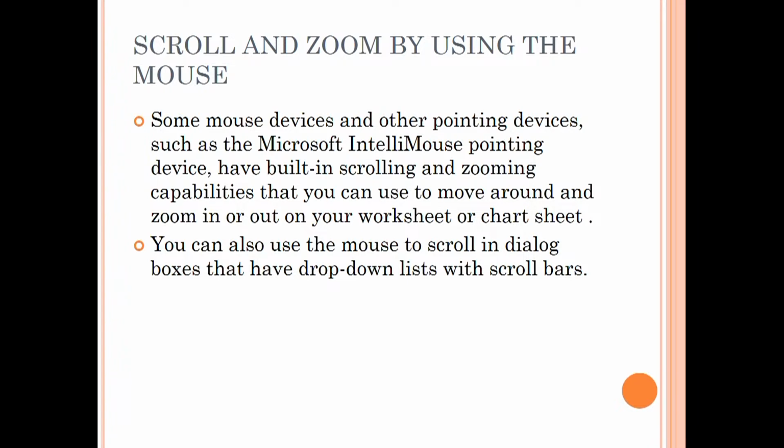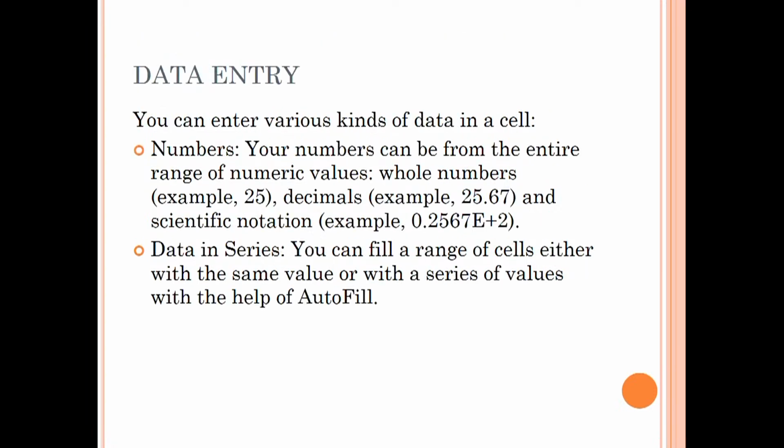Some mouse devices and other pointing devices such as Microsoft IntelliMouse pointing device have built-in scrolling and zooming capabilities that you can use to move around and zoom in or out on your worksheet or the chart sheet. You can also use the mouse to scroll in dialog boxes that have drop-down lists with scroll bars.